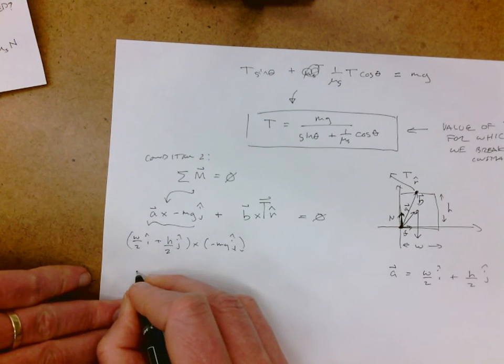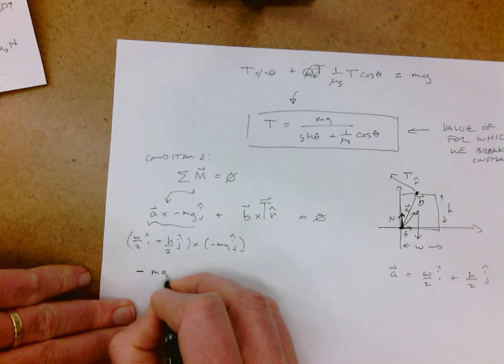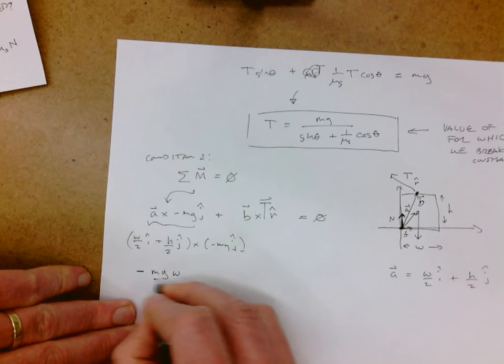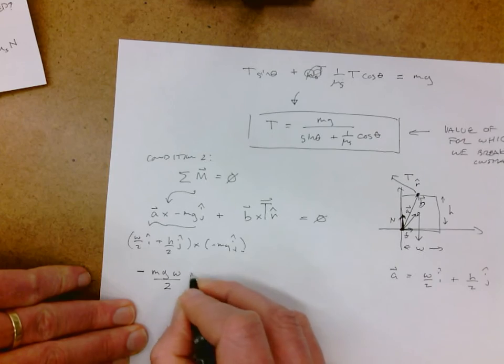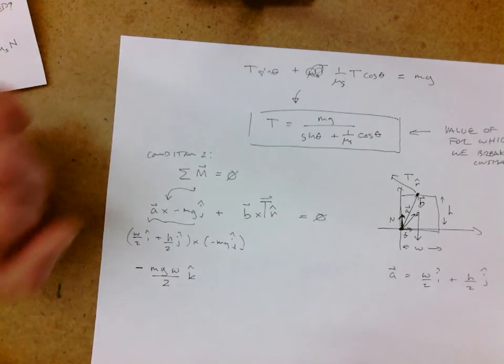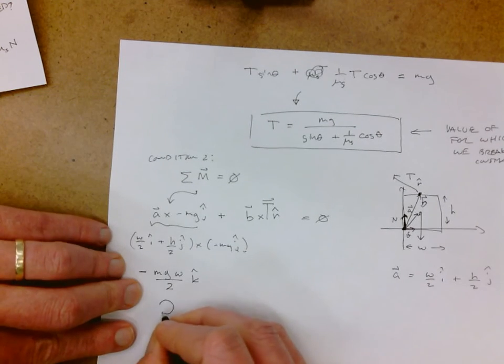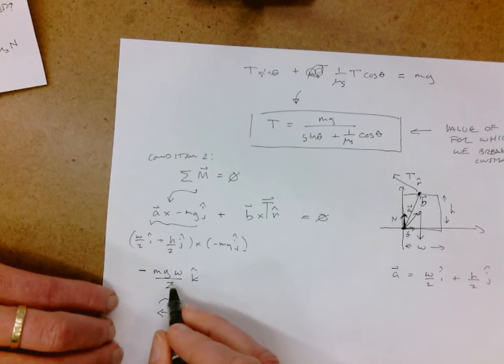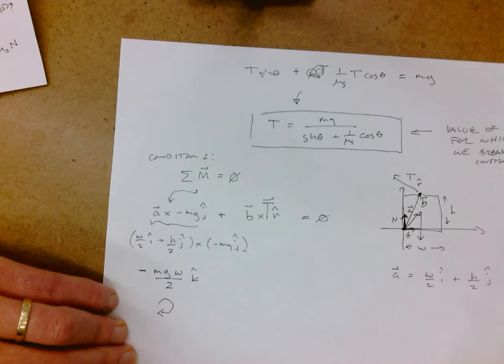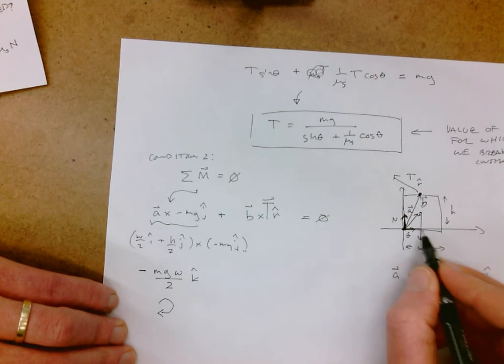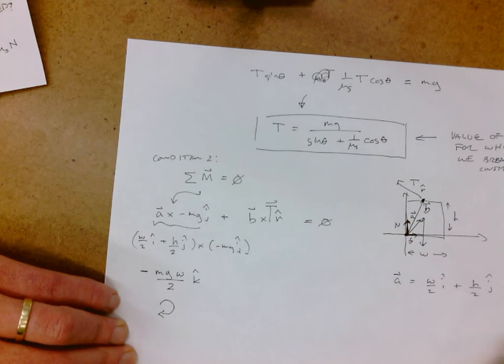And so this is going to give me minus mg w on 2 in the k hat direction. In other words, that will give me a clockwise moment. And the size of that moment depends on this distance, the moment arm, which is w on 2, and also depends on how big the gravitational force is.